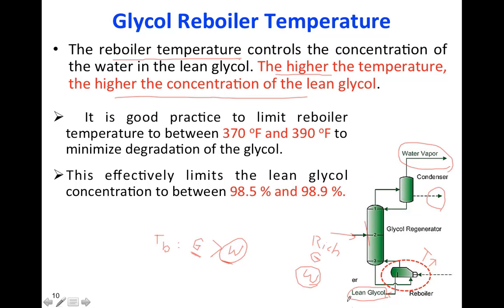Since the boiling temperature of water is less than glycol, more water will go to the vapor phase and leave at the top, and I have a more pure glycol at the bottom. A temperature between 370 to 390 Fahrenheit is a typical reboiler temperature in such a column.